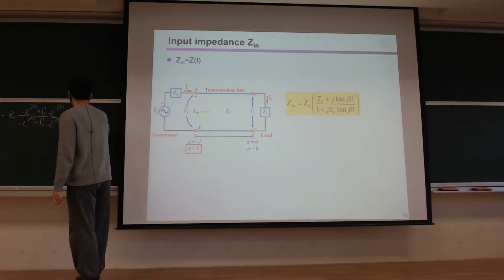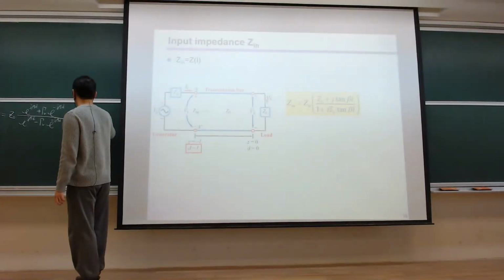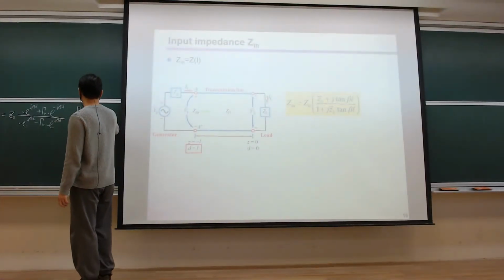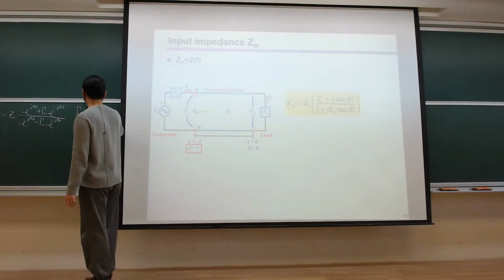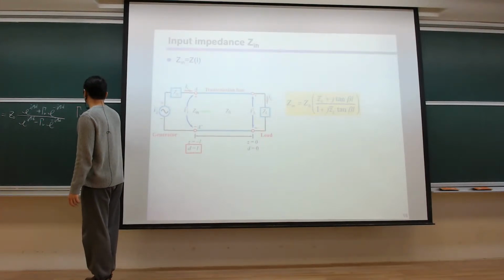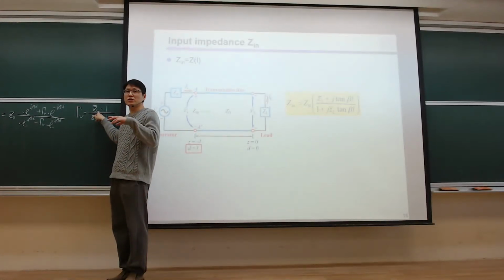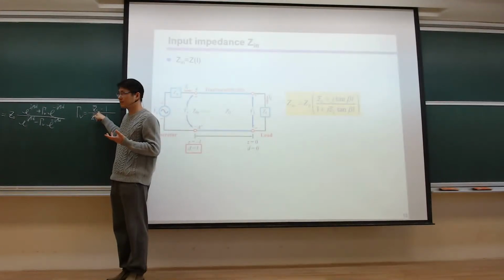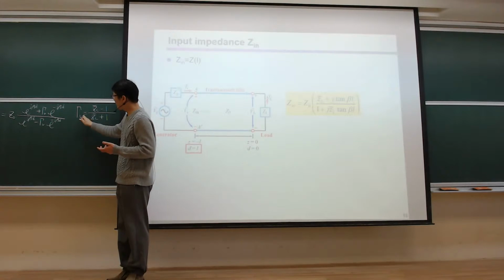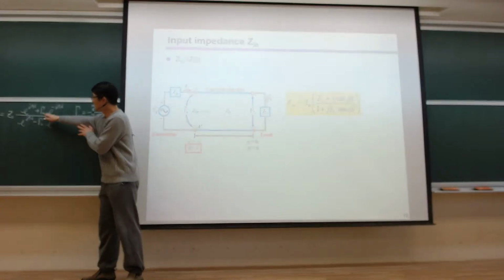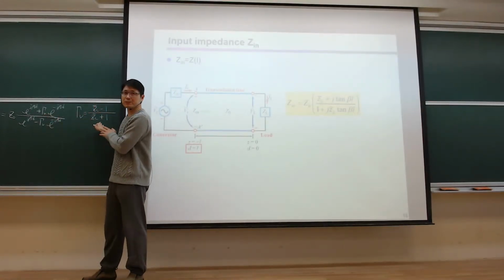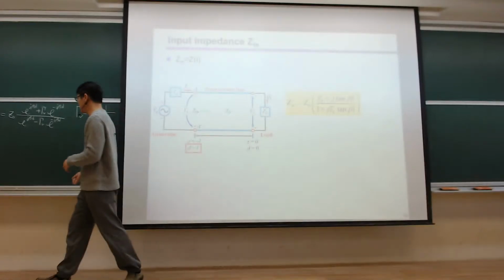If you still remember, Γ_V is nothing more than (Z_load minus 1) over (Z_load plus 1). So here, the load impedance is normalized by the characteristic impedance. Okay? So we only have to replace Γ_V by this expression. Okay, so let's do the procedure.